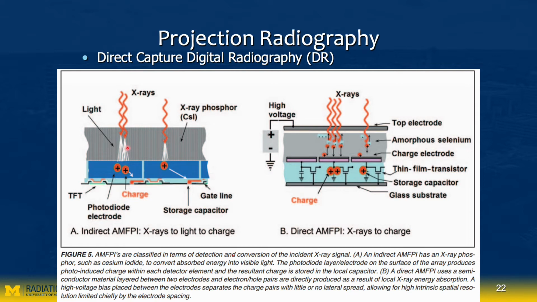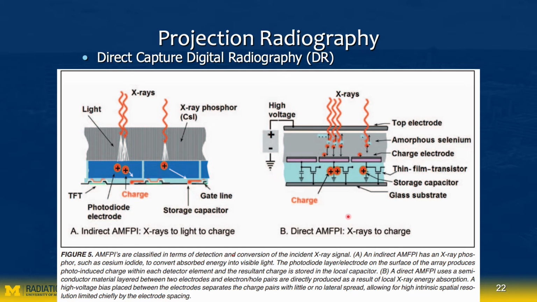Then this photodiode will collect the charge from the visible light and store it locally, and it will be read later. Because it is an active matrix flat panel, depending on the size of each matrix element, or each pixel, you get a digital image for each pixel.